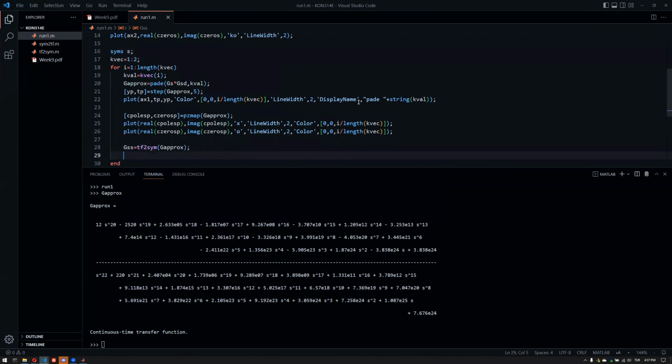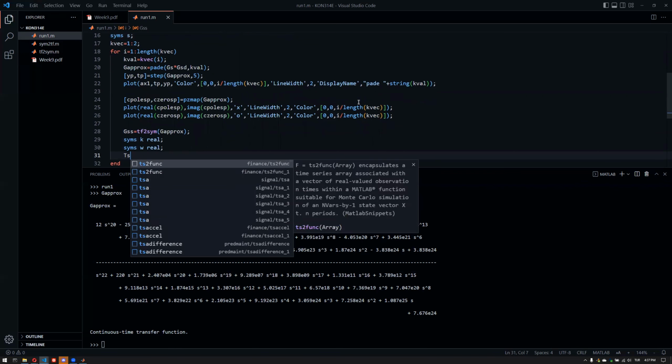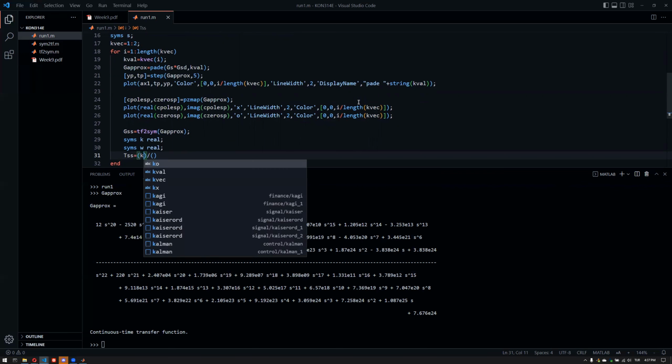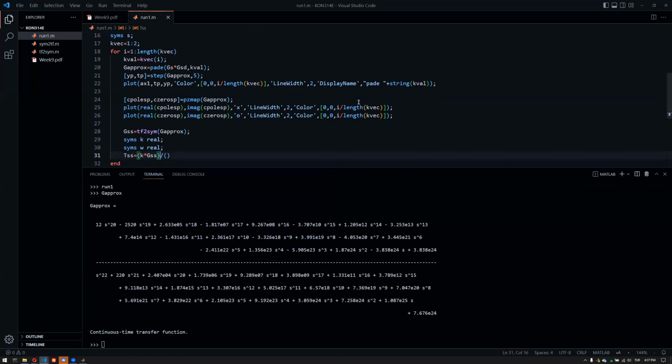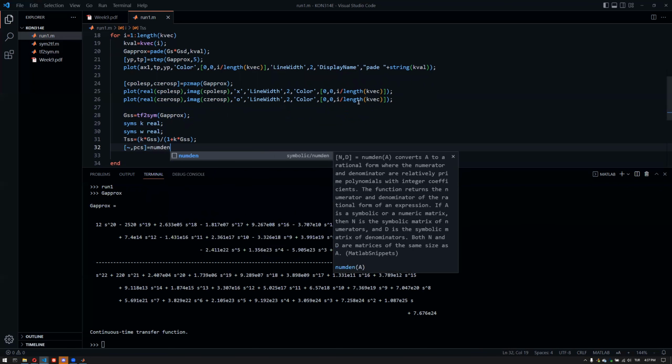the symbolic expression. I am going to have k, which is a real value. I'm also going to have omega, which is also going to be a real value. And the closed loop for a P-type controller here would be k times G(s), and then 1 plus k times G(s). I'm more interested in the characteristic polynomial, so num then.